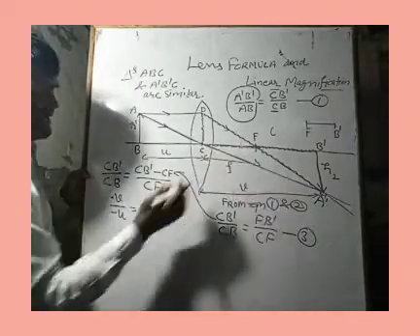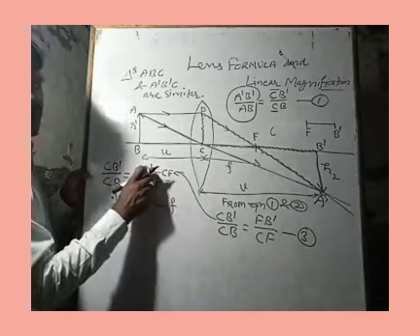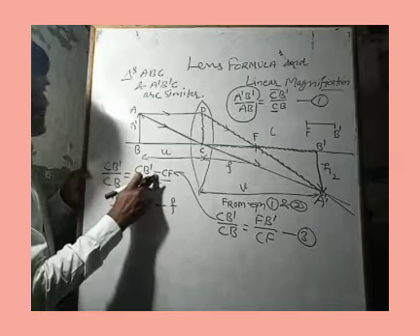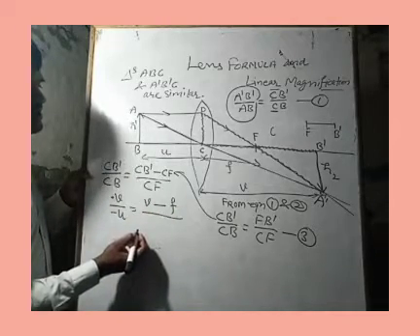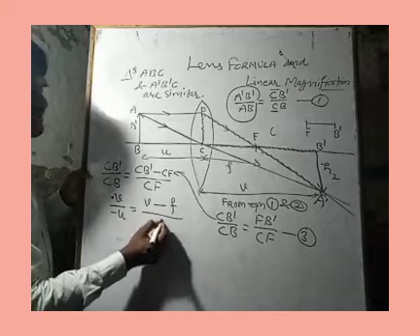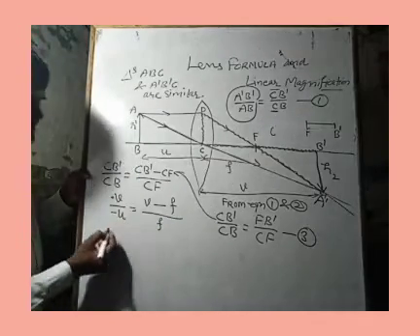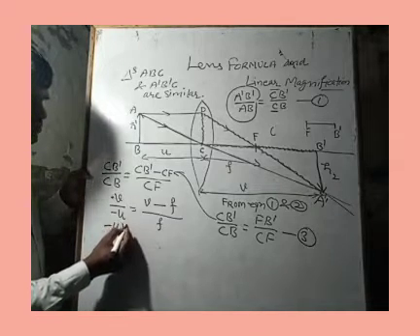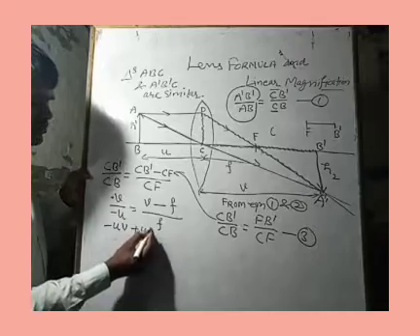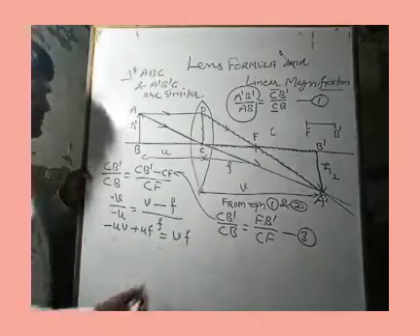CF is the focal length, hence it already has a minus sign in the equation, so CF is positive, it will remain V minus F, and CF once again will be F. Now cross multiplying, we shall get minus UV plus UF is equal to VF.